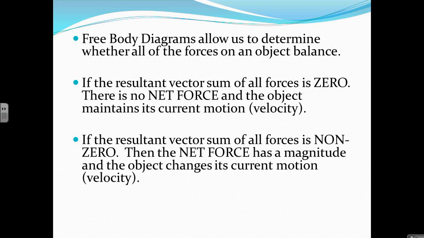If the resultant vector sum of all forces is non-zero, then there is a net force. It has a magnitude, and the object changes its current motion, its velocity, based on this net force. Note that a change in velocity is an acceleration.